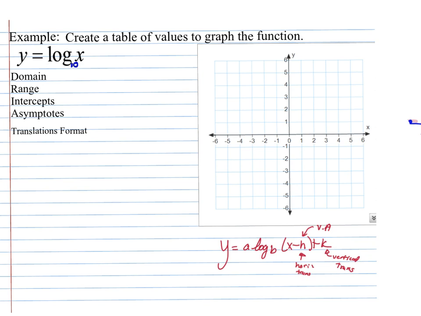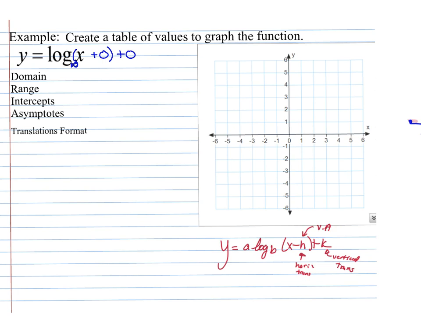So also, we have nothing being added or subtracted with the x, and no vertical asymptote either, but I'm going to put the 0 outside. And think of it this way. There's nothing being added to x, and there's nothing being added to the whole function, either up or down. The difference between logs and exponential functions is their asymptote.